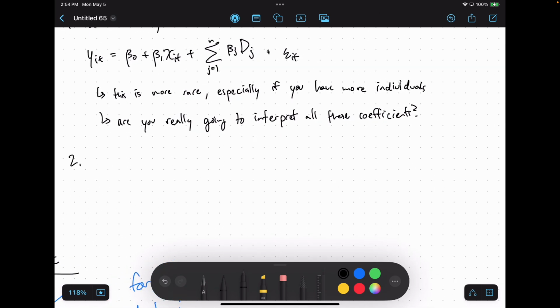So the other way is to de-mean variables by extracting within variation.